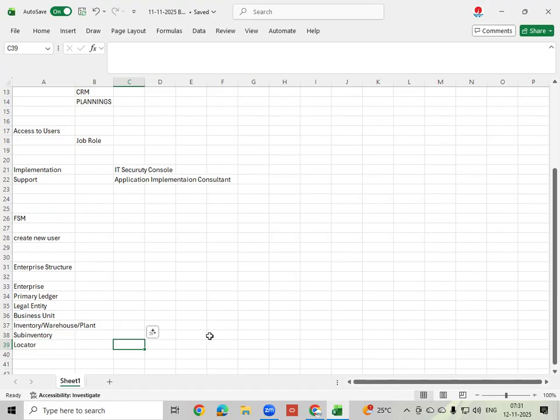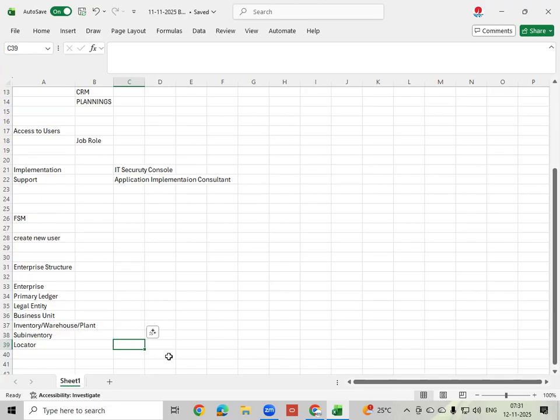In that bin, they will keep the tablets. So what is the combination they made? Row, rack, level, bin. Some items they keep directly in the level. Items that are smaller they keep in the bin. So this is the meaning of the word locator.